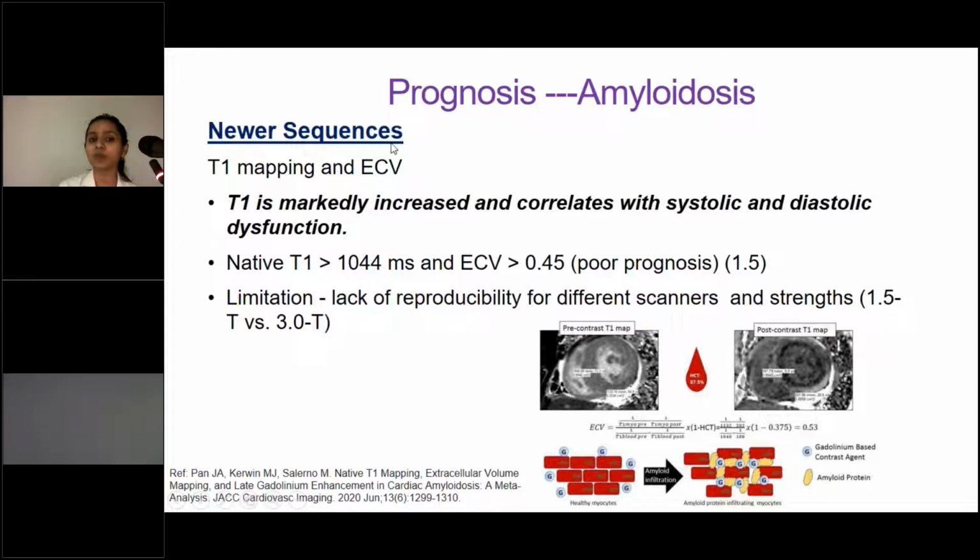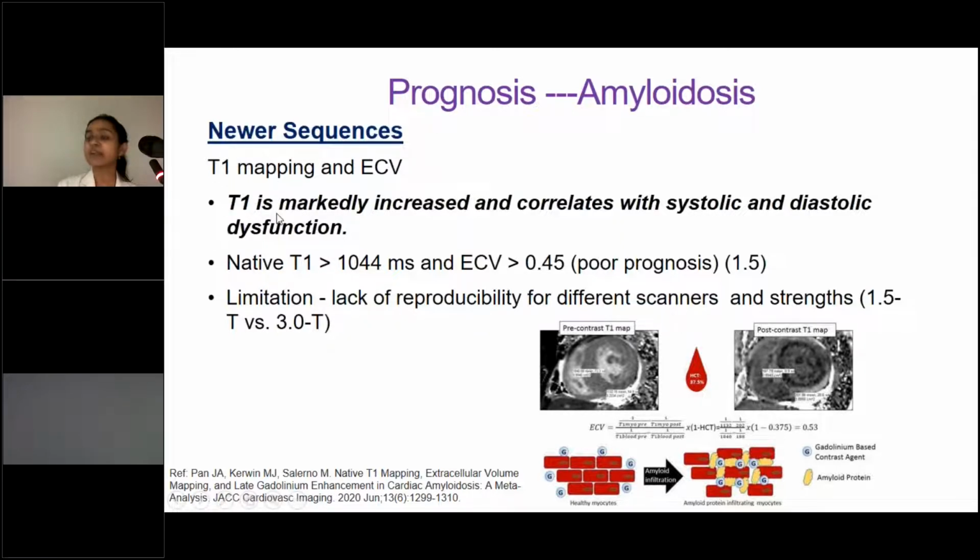There are two newer sequences that are also being used, which are T1 mapping and the measurement of the extracellular volume, which play a major role in assessment of prognosis for this disease. Because of the deposition of amyloid, the T1 values are significantly increased in patients of cardiac amyloidosis, and this increased T1 values correlate with systolic and diastolic dysfunction.